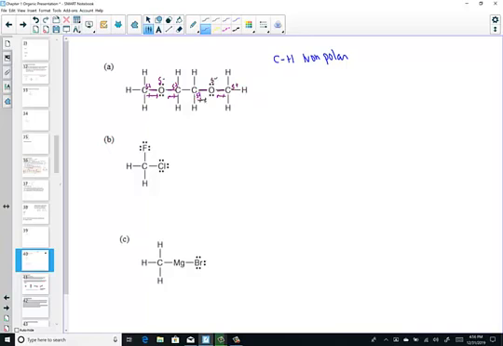And now we have all of those symbols placed in there to represent the partial positives and partial negatives in those polar bonds. So I see 4 polar bonds, all of them being the same, carbon to oxygen. Letter B, the C-H bonds are non-polar, so they're uninteresting to us.